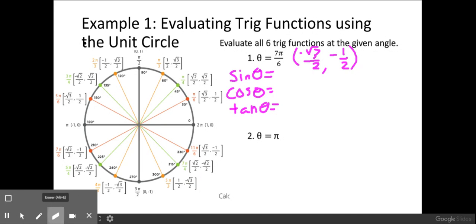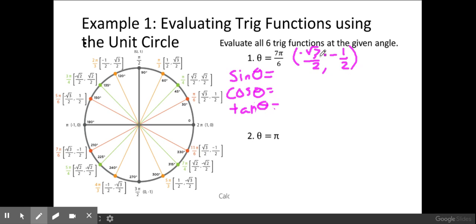Either way. But for now, I'm just going to keep everything the same and just use theta. So it's just saying trig function of an angle. And the angle is 7 pi over 6, which is down here.